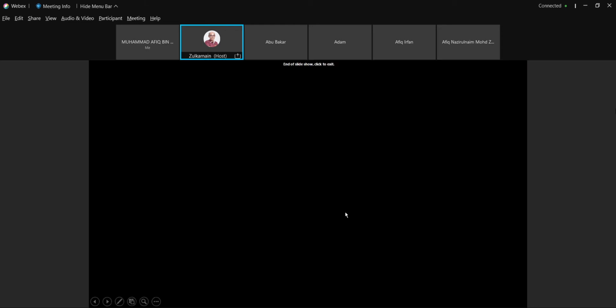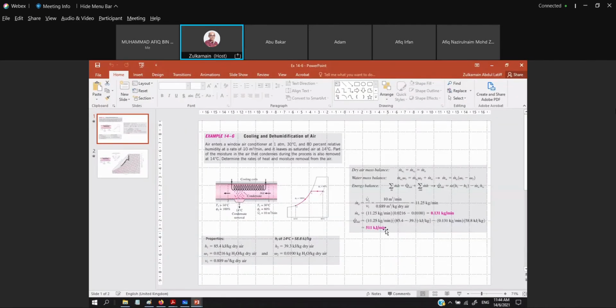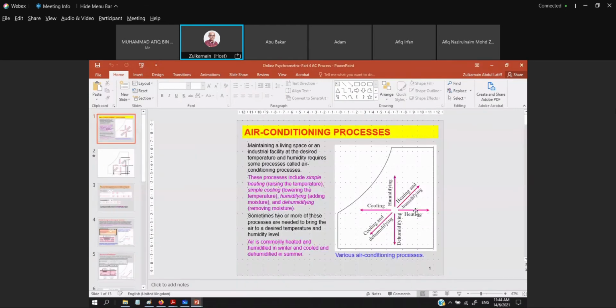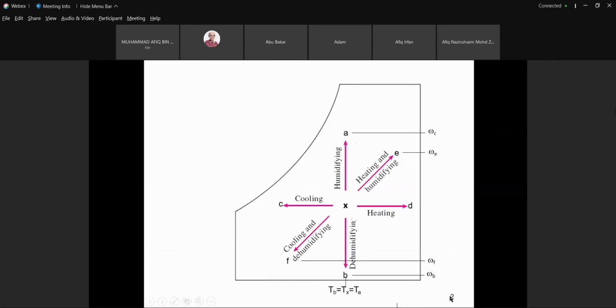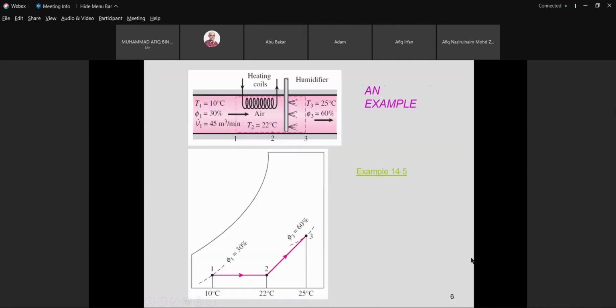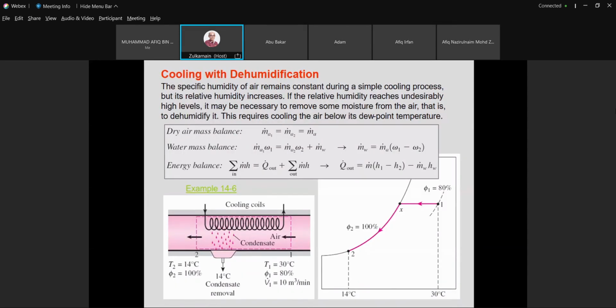And then we can get our value of Q. Okay? So that is the example for cooling and dehumidification.